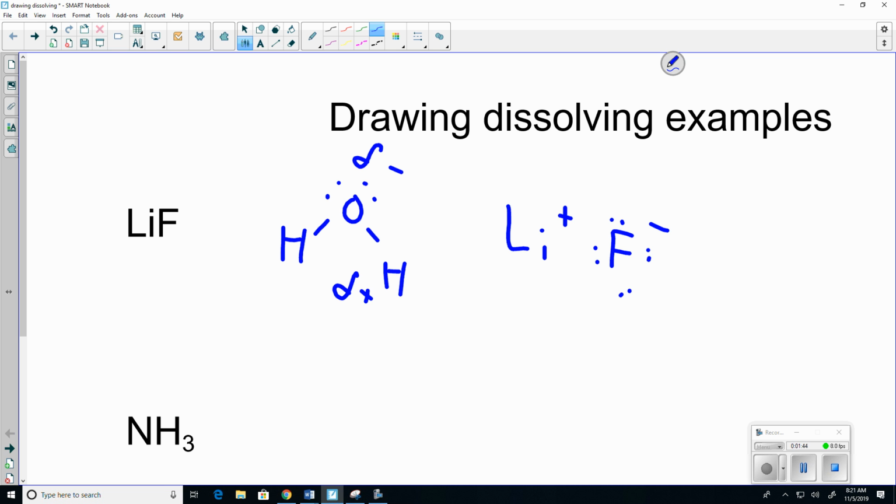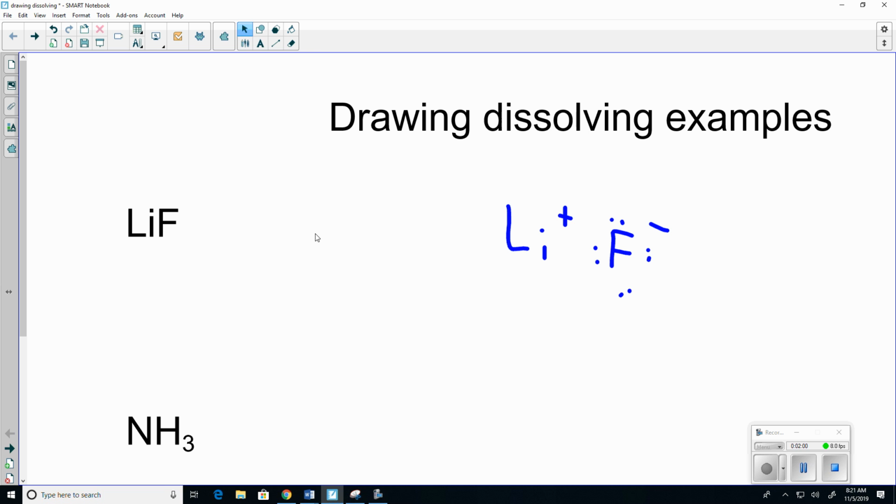Step 2 says redraw the Lewis dot structure so that the opposite charges are next to each other. With polar covalent molecules, the more electronegative atom will be the partial negative end. What I'm referring to with that is that in water, the oxygen end should be near the lithium ion because the oxygen end is the partial negative.